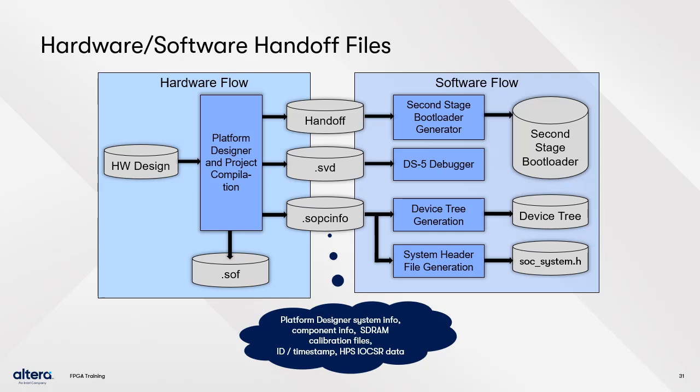The device tree standard specifies hardware connectivity so that the OS kernel can load those drivers without rebuilding the kernel. This makes the system flexible regarding the changing FPGA hardware available. The SOPC info file can also be used by the system header file generation tool to create the .h files, which contain macros that represent the FPGA Platform Designer system.